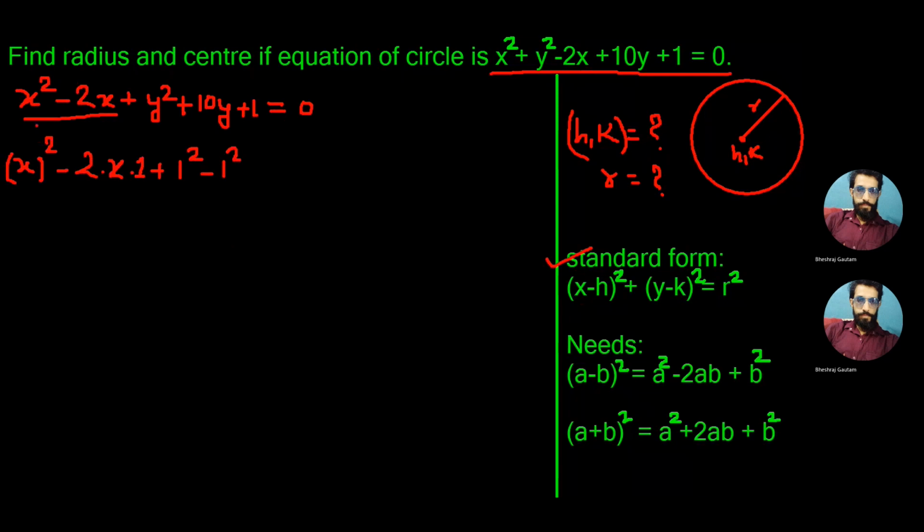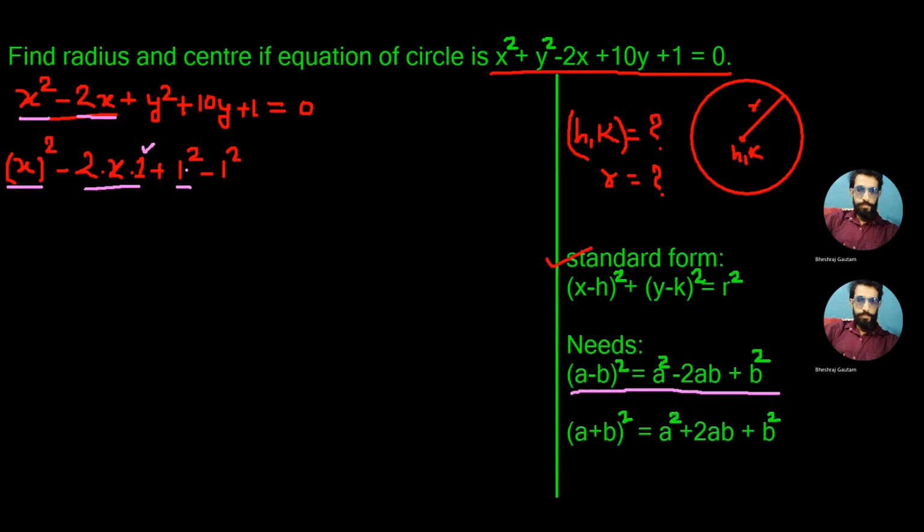Here x square can be written as x inside the bracket and square outside. This 2x can be written as 2 into x into 1, as both mean the same. Most importantly, this one and this one, both of them are representing b when compared with the formula a minus b whole square is equal to a square minus 2ab plus b square.